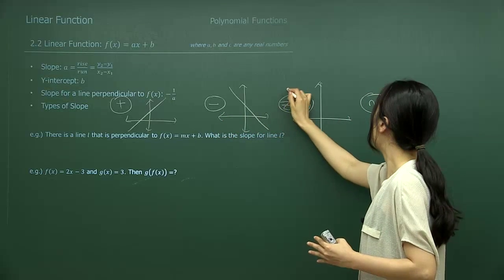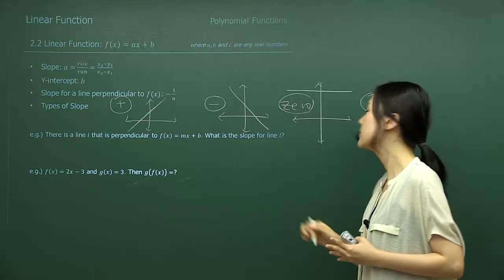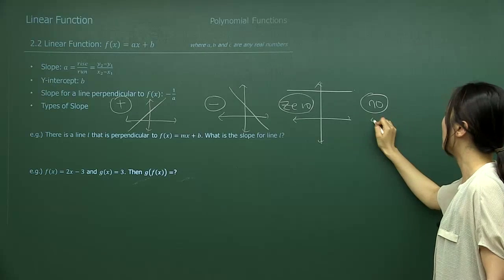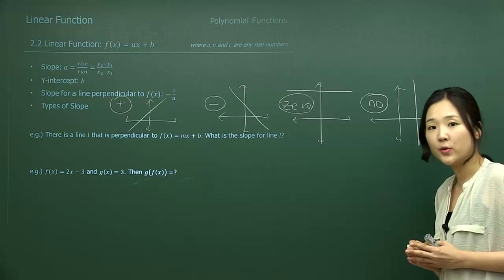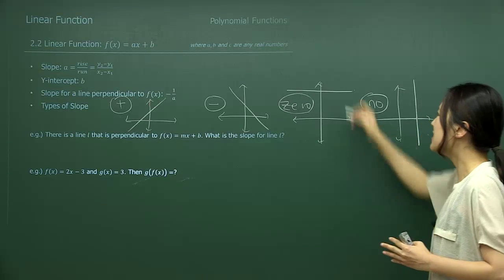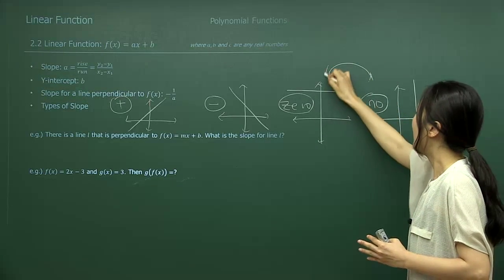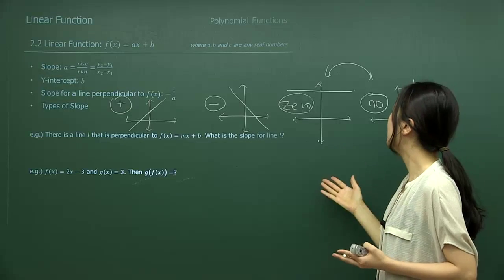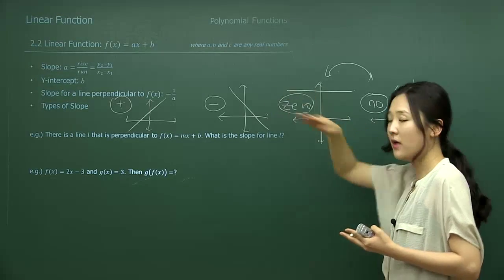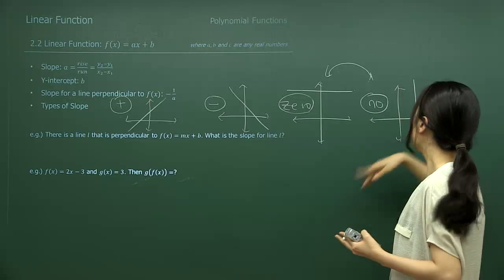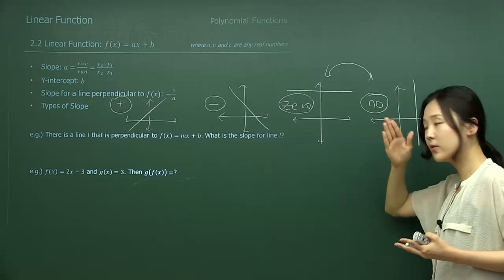It doesn't rise nor fall. If it has no slope, then it's vertical. Remember the difference, especially these two. I've seen students who are confused between the two. Zero slope gives you a horizontal line, and no slope gives you a vertical line.